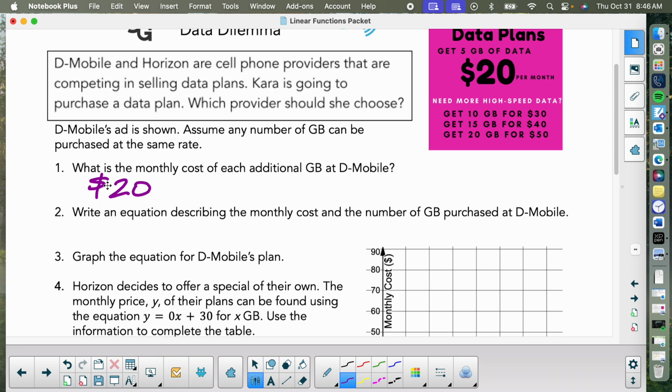Well, because it said $20 per month. Oh, got you. So the $20 per month is for 5 gigabytes. So your idea is basically to divide it by 5. Okay, that's a good starting point. So that would say that it's $4 per gigabyte.